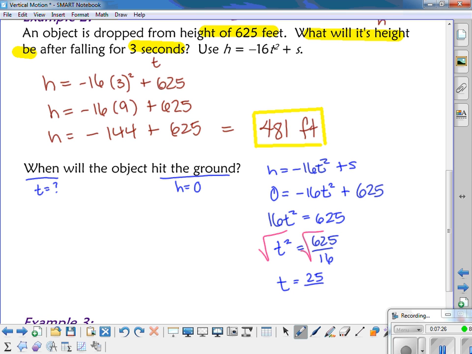And then what's on the bottom? 4. And then you can just make it into a decimal or a mixed number. If it's a decimal, it would be 6 1/4 or 6.25 seconds. So it's going to take 6.25 seconds to hit the ground.